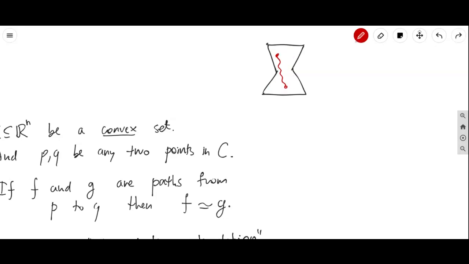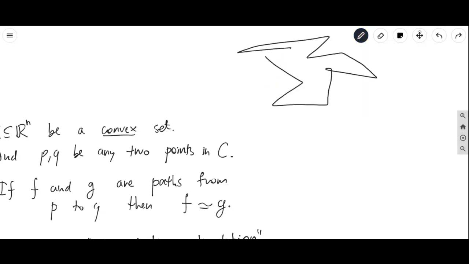Then, let's say F goes like this, and G goes like that. Then it's conceivable that the straight line on one and the other, I'm drawing it in a bad way, so maybe I should exaggerate it a little bit more. Let's say we have something like this. So that's certainly not convex.